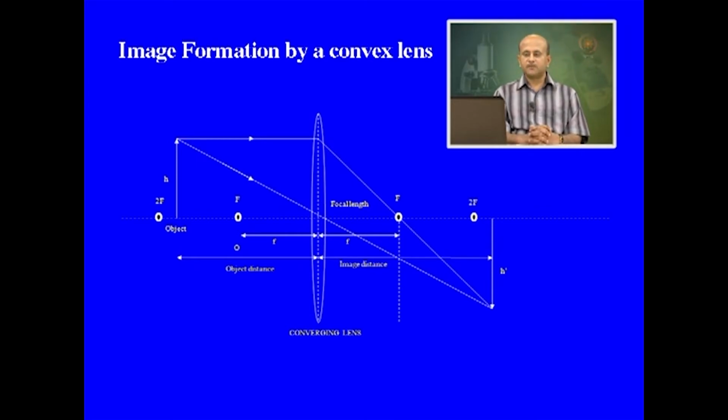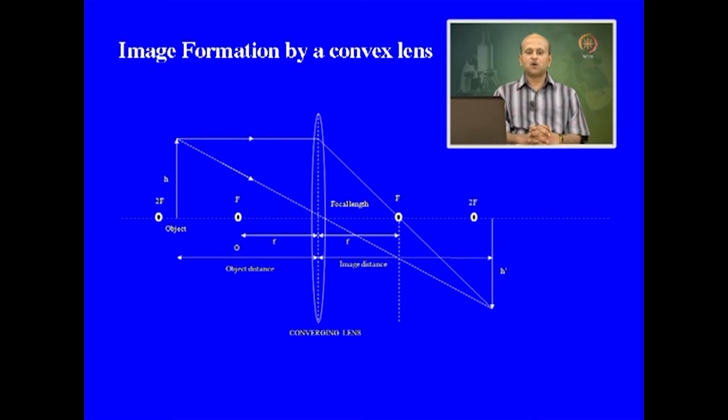If you see here, there are a few things which need to be seen. One is the focal length. This lens is a biconvex or double convex lens, and it will converge the light rays which are falling parallel to it.